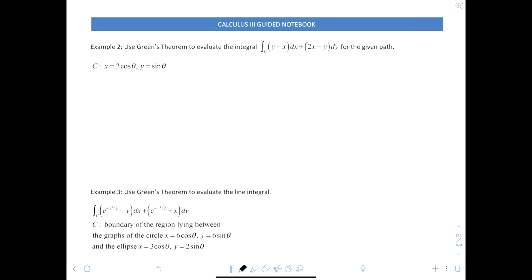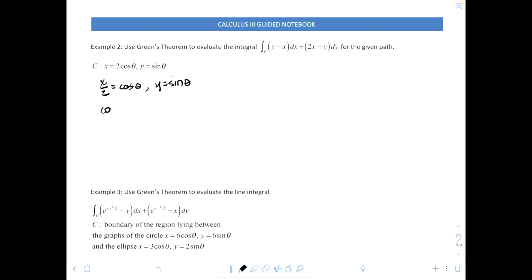If you were to eliminate the parameter, what's going to happen? So you would have x over 2 is cosine theta, and y is still sine theta.